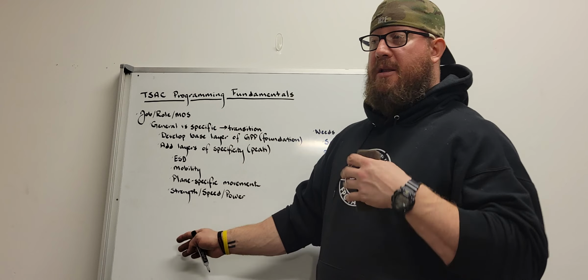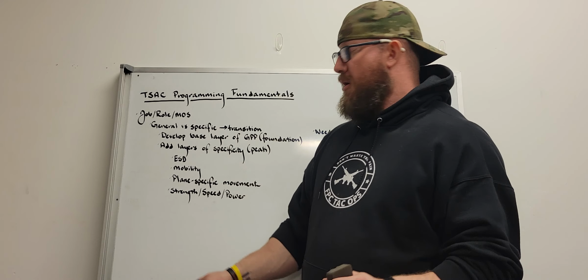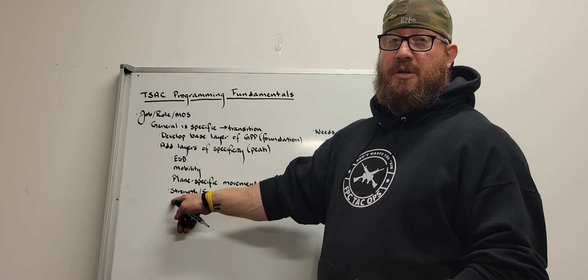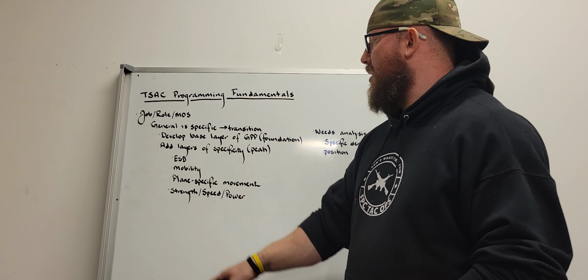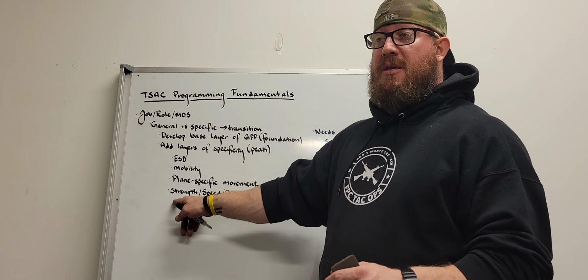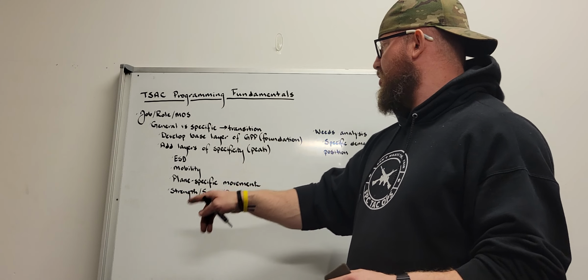Now, as a Westside conjugate disciple, where I put a lot of my values on strength and power, because in my opinion, maximal strength is the foundational quality other than GPP.